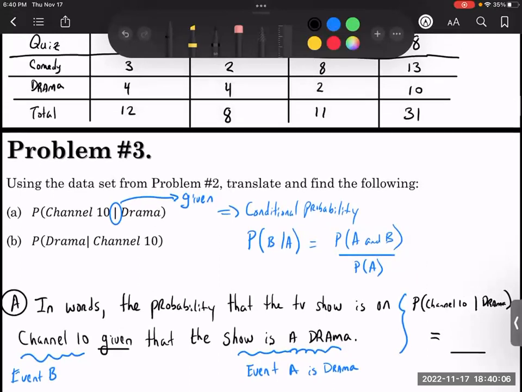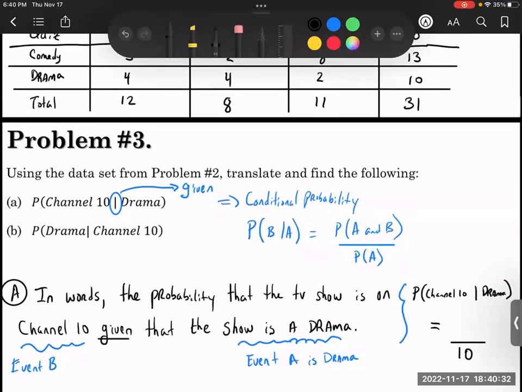The first event is drama, so there's only 10 outcomes. It can't be everything? It's only drama and channel 10? That's right. All we care about is drama and channel 10. You technically could have over 31, but it gets too complicated. That's why I do it intuitively, so just follow along.